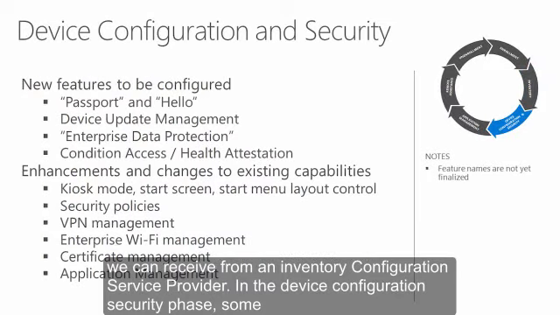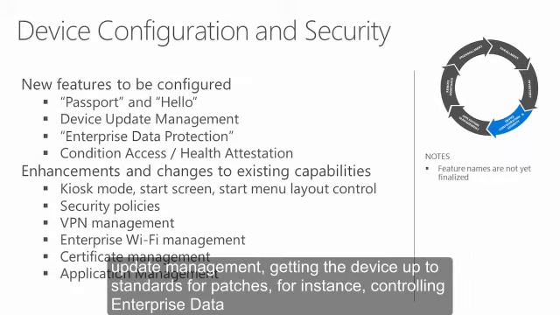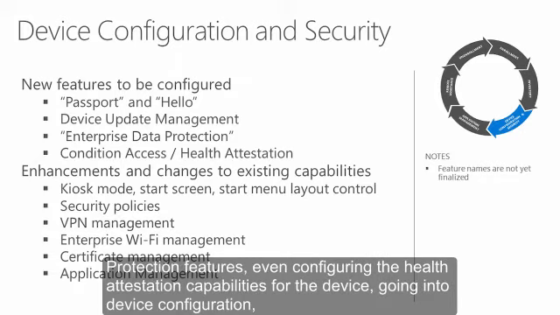In the device configuration security phase, some of the things we can look at might be configuring the Passport and Hello capabilities of the device. Doing some update management, getting the device up to standards for patches, for instance, controlling enterprise data protection features, even configuring the health attestation capabilities for the device.